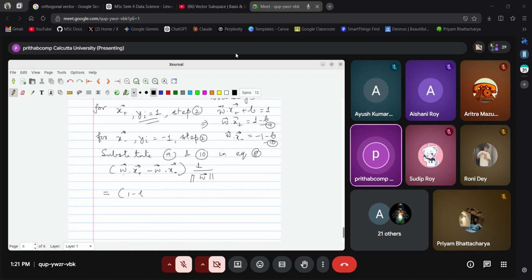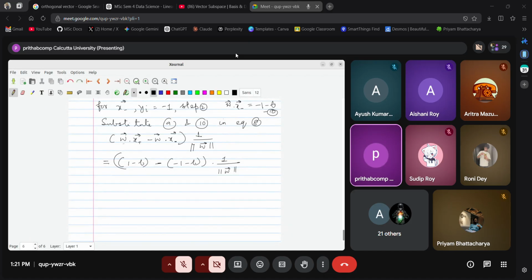So you just substitute there 1 minus b minus minus 1 minus b, right, into 1 divided by magnitude of W. Okay.